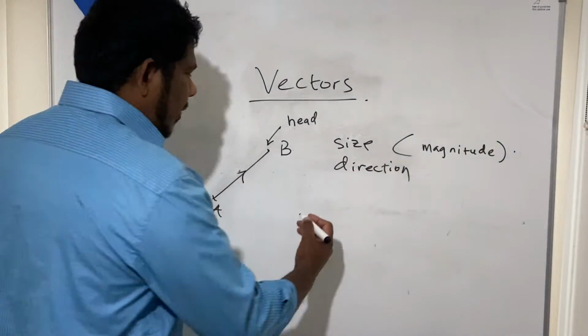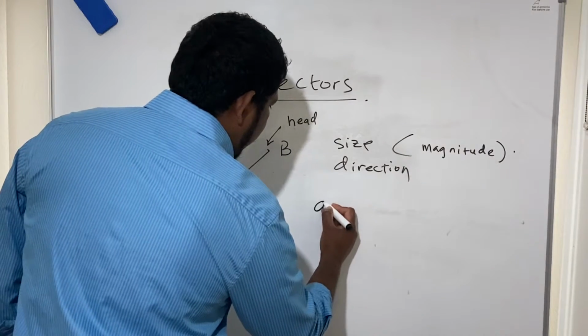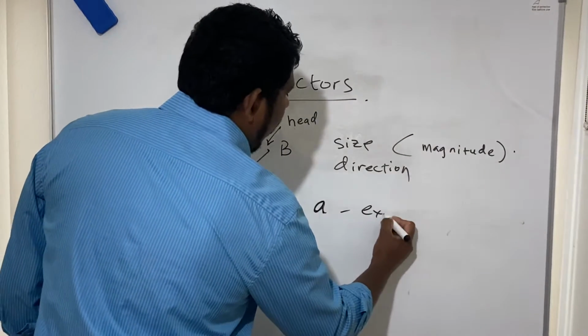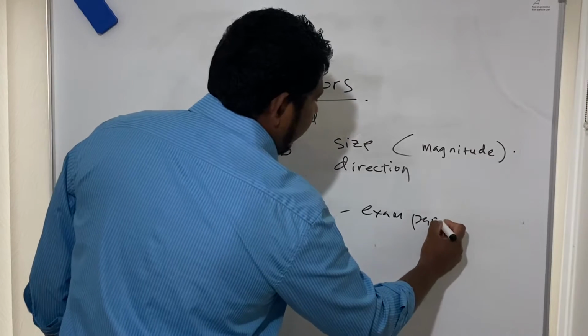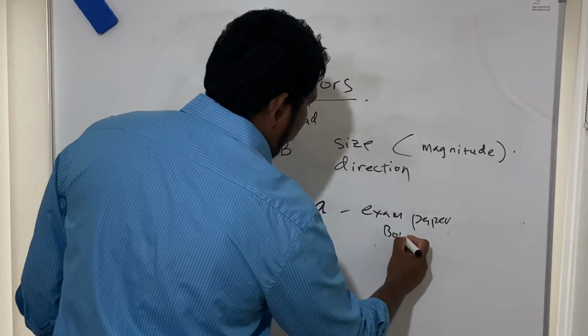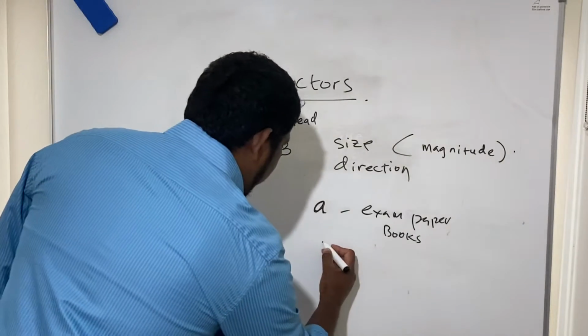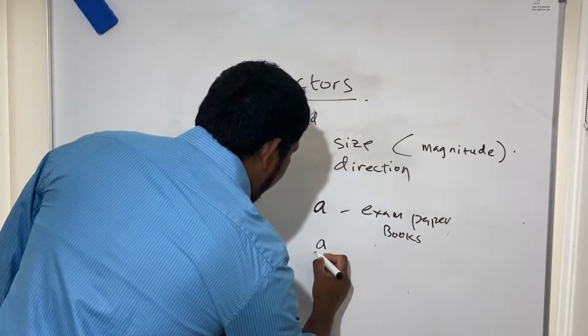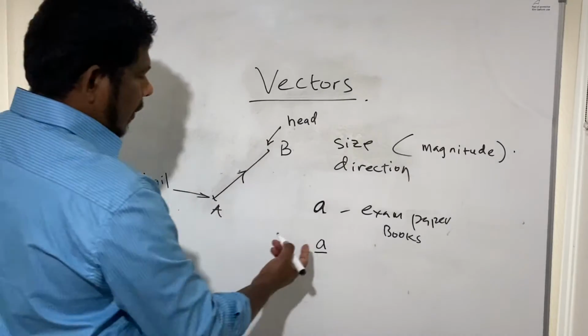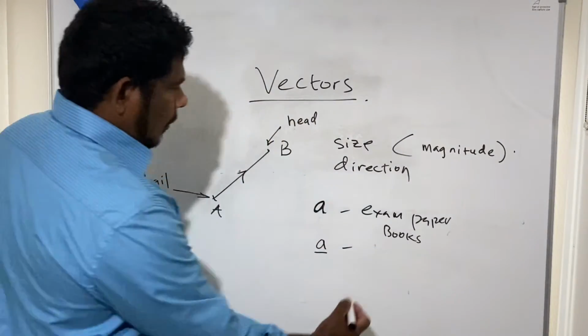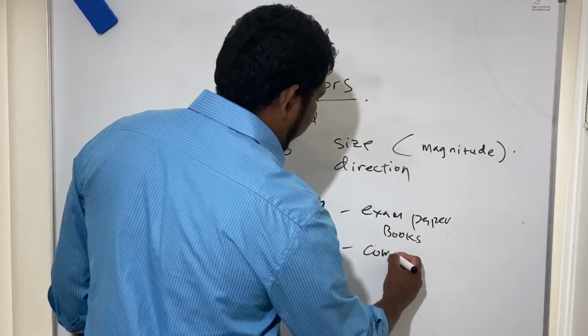The vector can be written as a simple bold letter, especially in exam papers or books. Or we write a simple English letter with an underline. So this is the common way of writing.